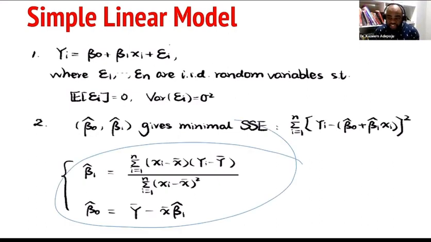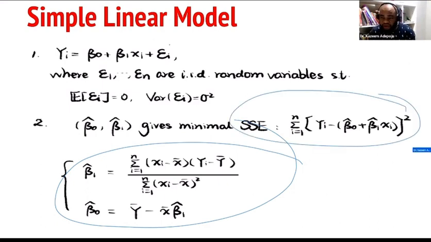What do we differentiate? We differentiated the sum of square error with respect to beta naught and with respect to beta one. We set that to 0, and we solve for beta naught and beta one.